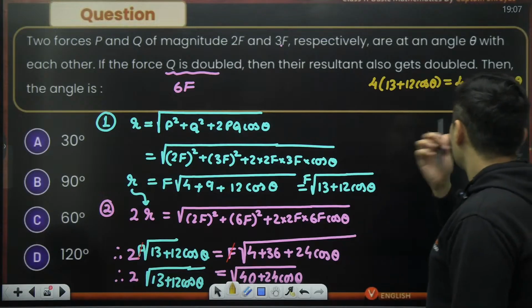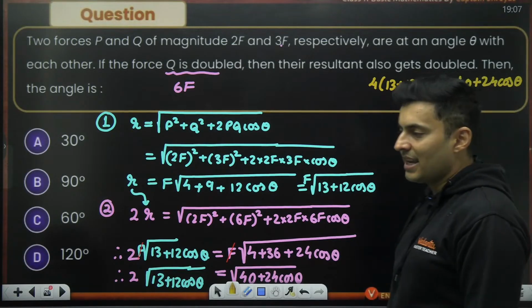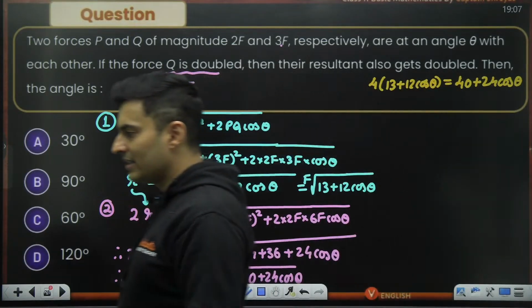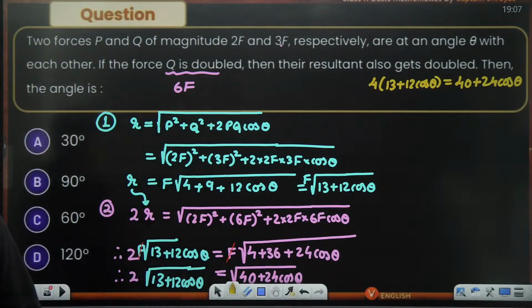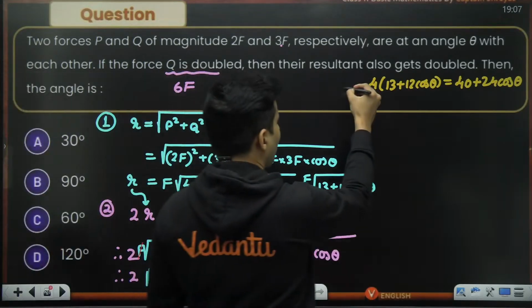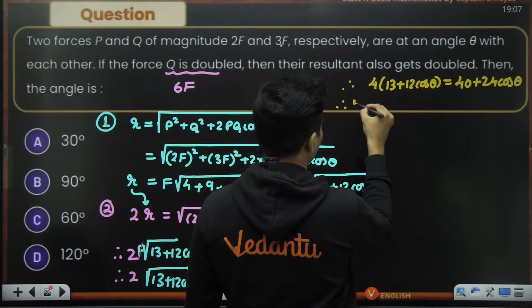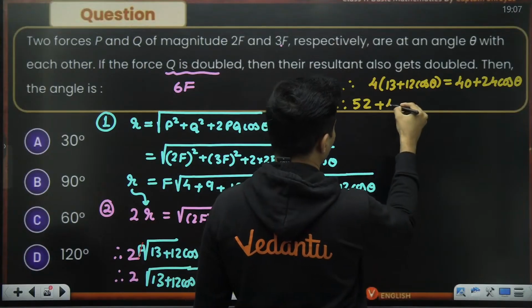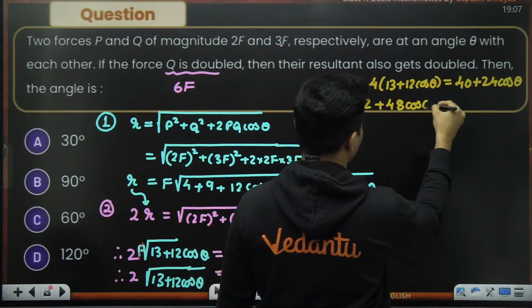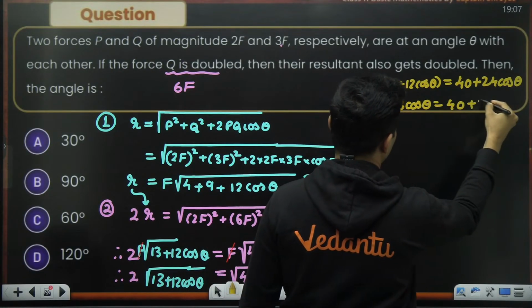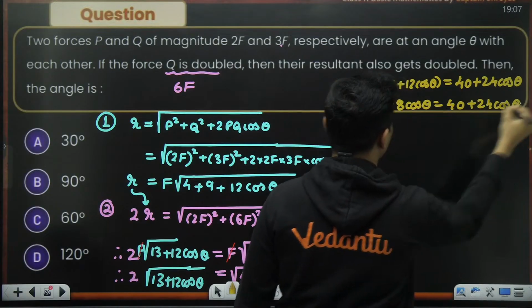Okay, solve this, guys, and tell me what answer you are getting, my dear students. Here you will get 52 plus 48 cos theta is equal to 40 plus 24 cos theta.